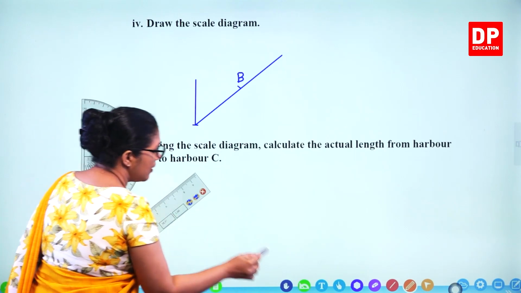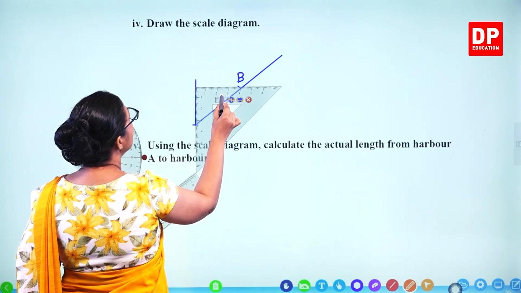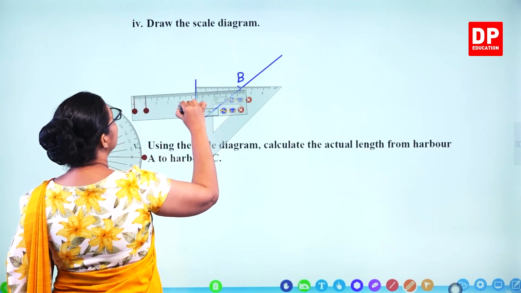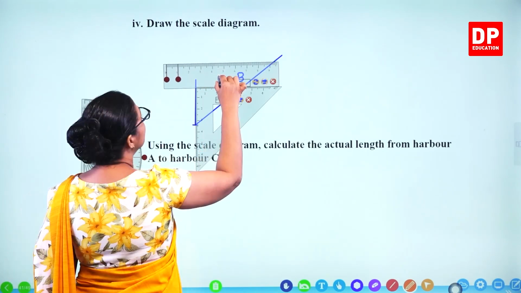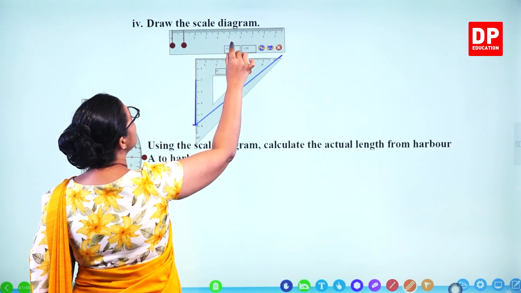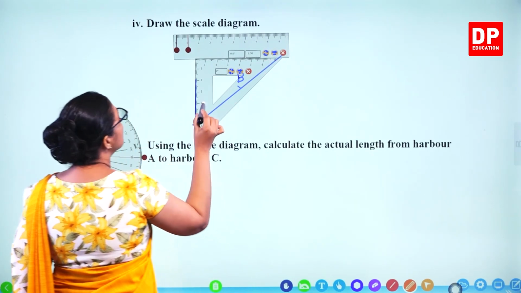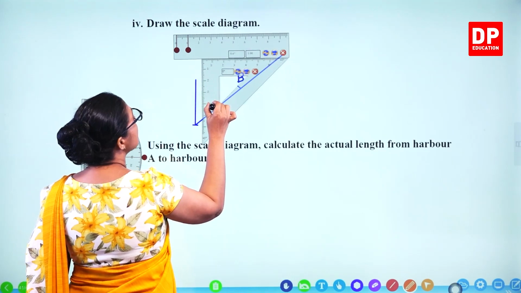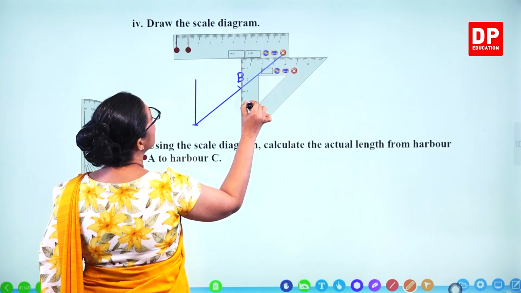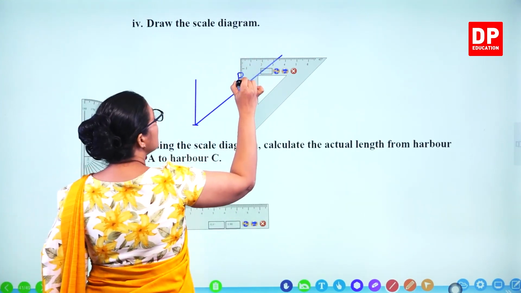We can take the set square and keep the ruler on top, and we'll drag it so that you get this line. So now we can draw the line.